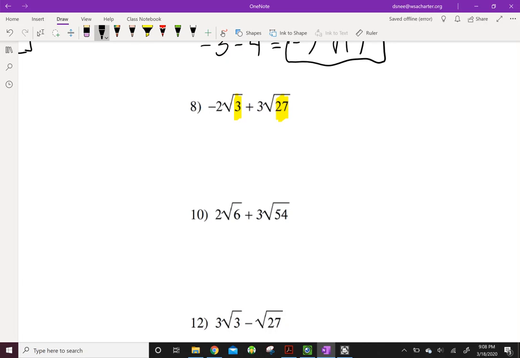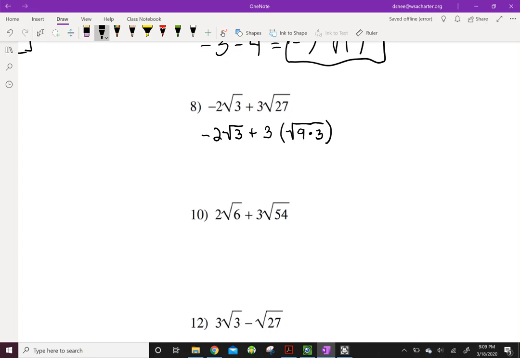But I know that, let's rewrite this, negative 2 root 3 plus the square root of 3 times the square root of, well, 27 is divisible by 9, which is a perfect square. 9 times 3 is 27.